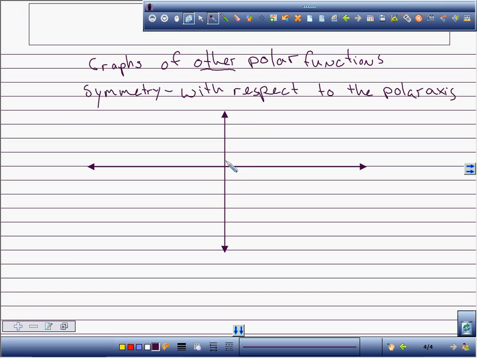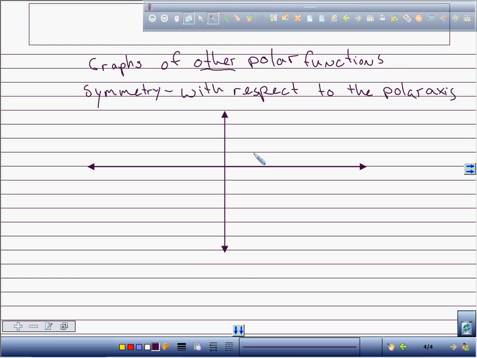Let's go back and try to make a cardioid shape, kind of a heart shape, and then it goes out here like that. That's not very good either. But this figure has symmetry with respect to the polar axis.